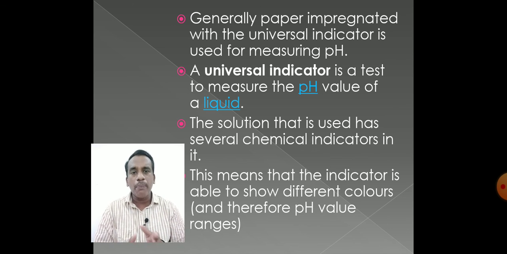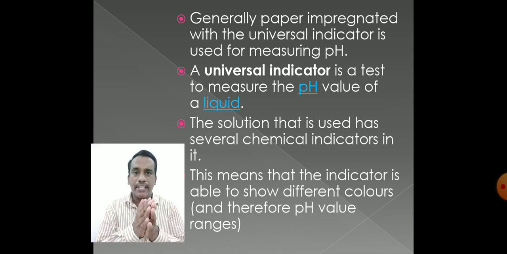But without using the pH electrode, we can also measure by taking some colors as the reference for the pH values. This coloring is given by a mixture of various indicators. We had already learned about some indicators.